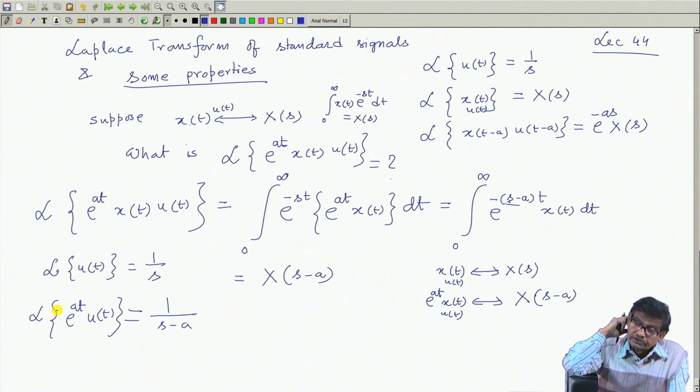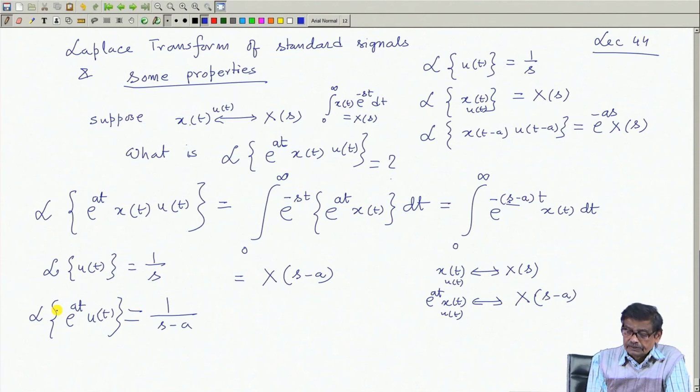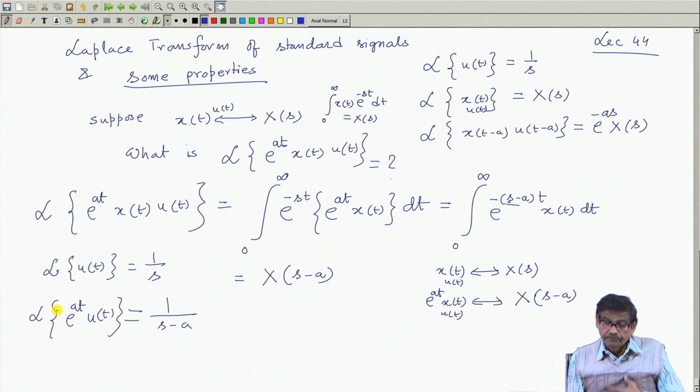Now, some properties. We have seen that for a given function whose Laplace transform is known, if it is time shifted, how to calculate the Laplace transform. If there is a given causal function whose Laplace transform is known, if it is multiplied with e to the power at, then what will be its Laplace transform? That also we have calculated.